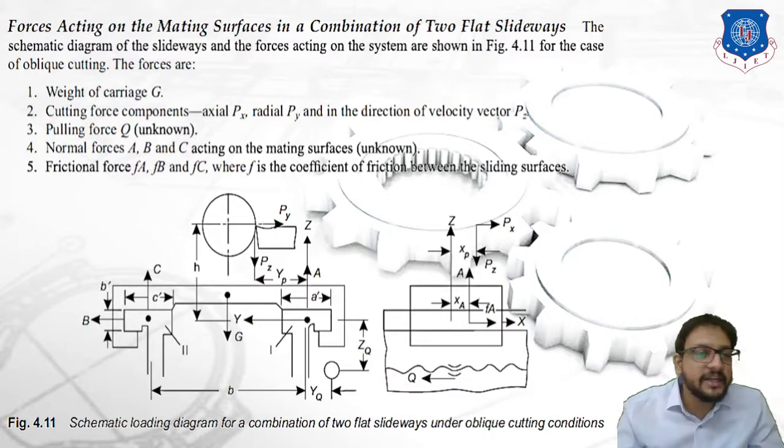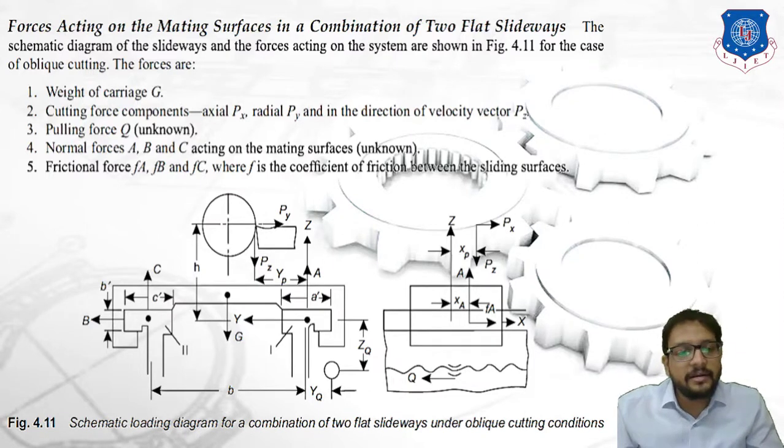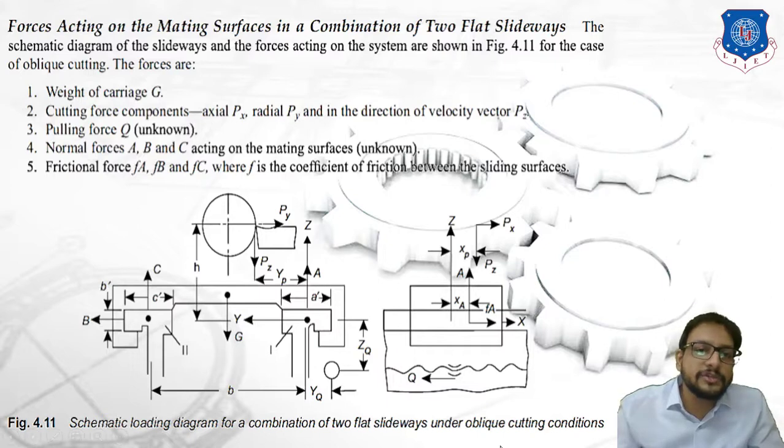Now the forces which are acting, you can see it is written weight of carriage, that is capital G, in a downward direction. Second is the cutting force components: in an axial direction Px, in a radial direction Py, and in the direction of the velocity vector, that is cutting speed, Pz.